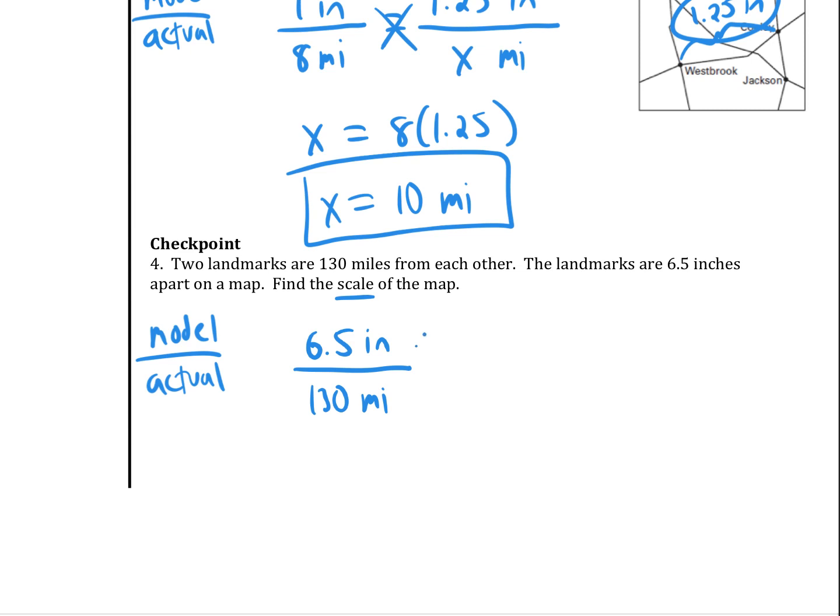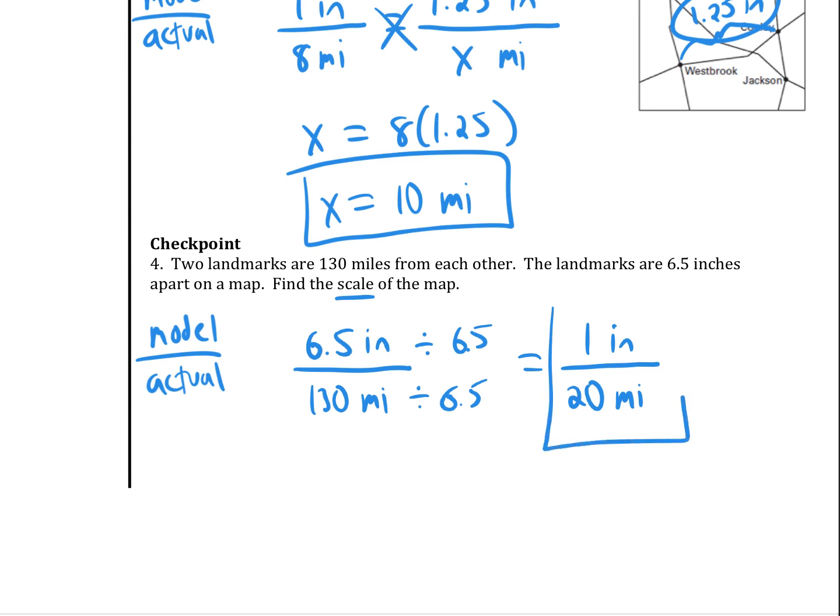So we're going to divide top and bottom by 6.5. 6.5 divided by 6.5 is going to be 1 inch, and 130 miles divided by 6.5 is going to be 20 miles. So for this map, the scale is going to be 1 inch is 20 miles.